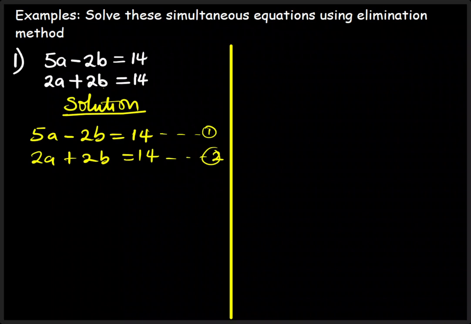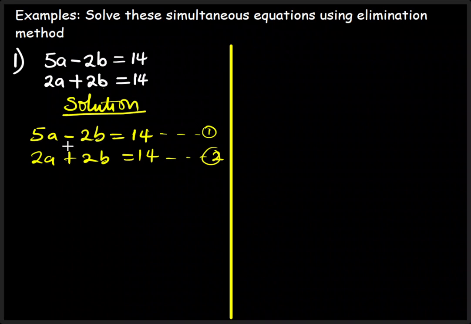Number two is that we are going to make one of the variables to have the same coefficient. The same coefficient there means one can carry minus, one can carry plus. A carries coefficient of 5, and then A carries coefficient of 2.